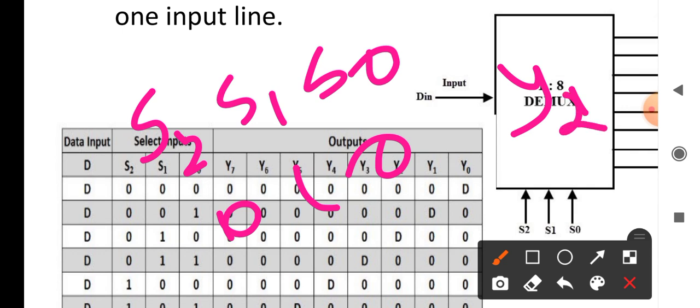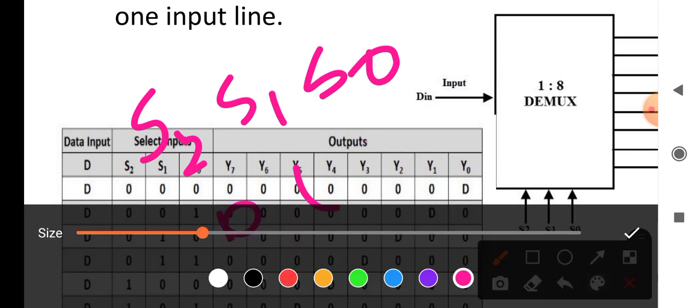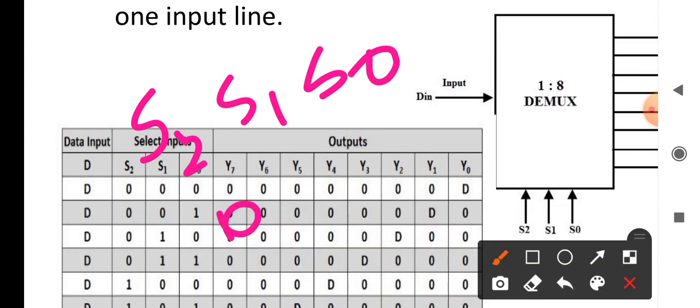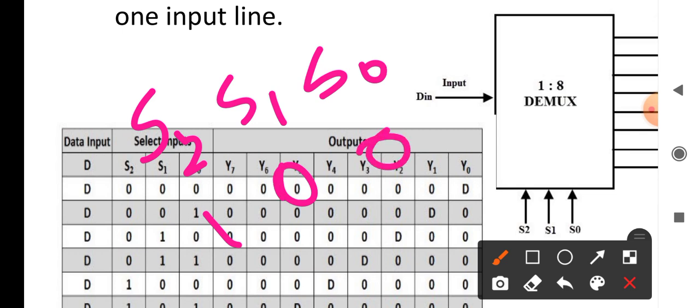It should be Y2. Then if it is 1 0 0, which is 4, which output should be high? Y4 should be high.